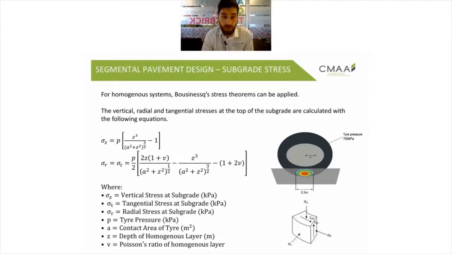And what we're doing here is for an ESA, we're using a contact radius of 0.15, which we can then use to determine area, and a tire pressure of 700 kPa. And so we've got our contact area and our pressure, and we can use that to determine the stresses at the subgrade.